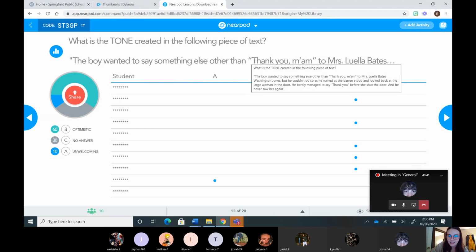And words like thank you, looking back at the woman, wanted to say something else, show this idea of being hopeful and positive that there has been a change in him and in his life. So I know looking at small little pieces of writing isn't always the most helpful for tone, and that's why tomorrow we will read that story. But think about again, in this case, we know from the full story that he was never meant to feel unwelcomed. The goal was what you all were saying, which was to positively influence him and impact him, to be optimistic for his future.